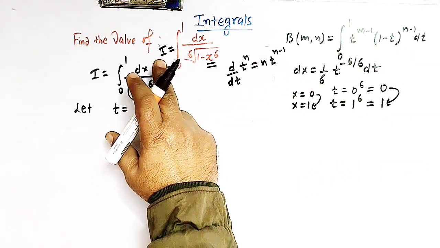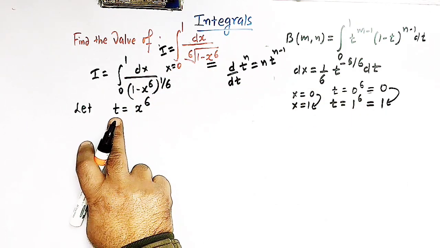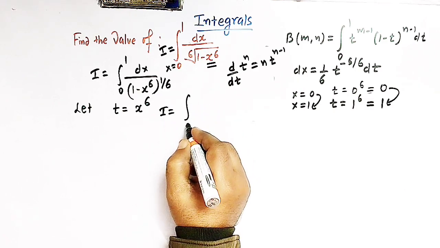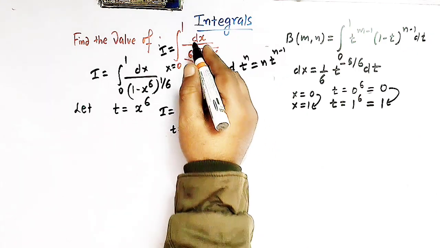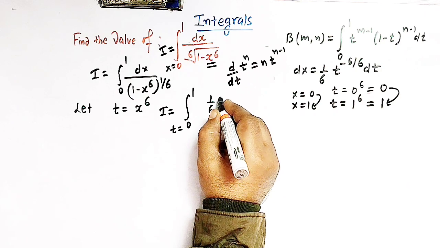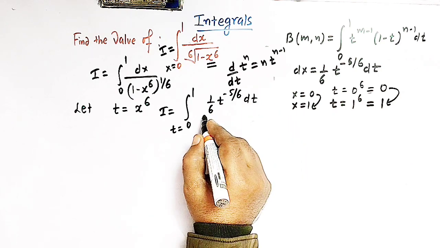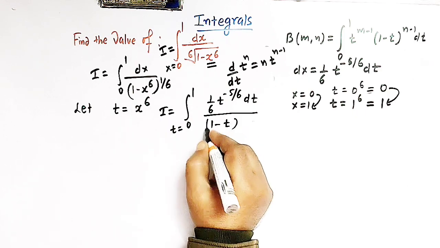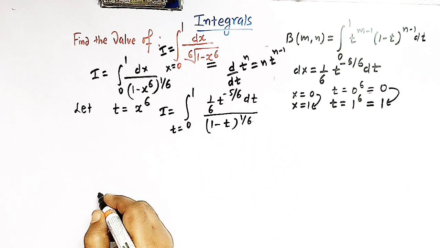So now let us write the value of this integral I in terms of t. So we can now write I is equal to integral 0 to 1, because the limits remain the same, and for dx we can write 1 over 6 and t raised to minus 5 over 6 dt, and in the denominator we have 1 minus t, because x raised to 6 is t, and here we have 1 over 6, right?